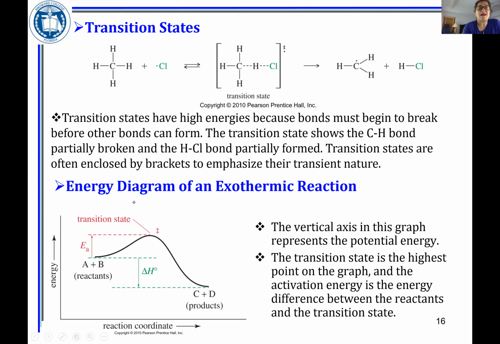As I promised, I have a better picture here. Someone else drew this picture. We have activation energy, the difference between the energy of the reactant and the transition state. What is a transition state? It looks like a 2+, but it's basically one vertical line and two horizontal lines. The transition state is the highest point of the curve in the energy diagram.